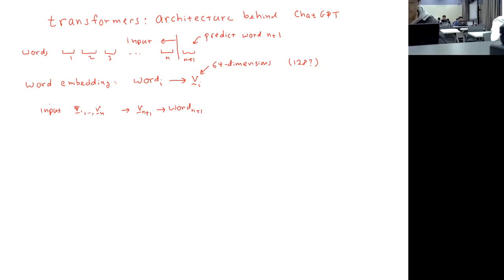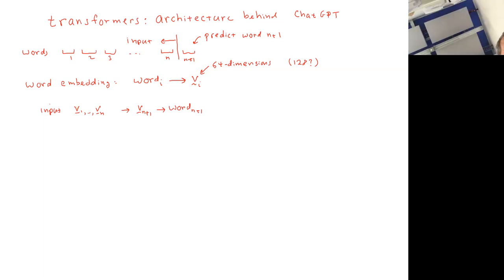Now, the first thing that is always done here is xi equals vi and then some position pi.